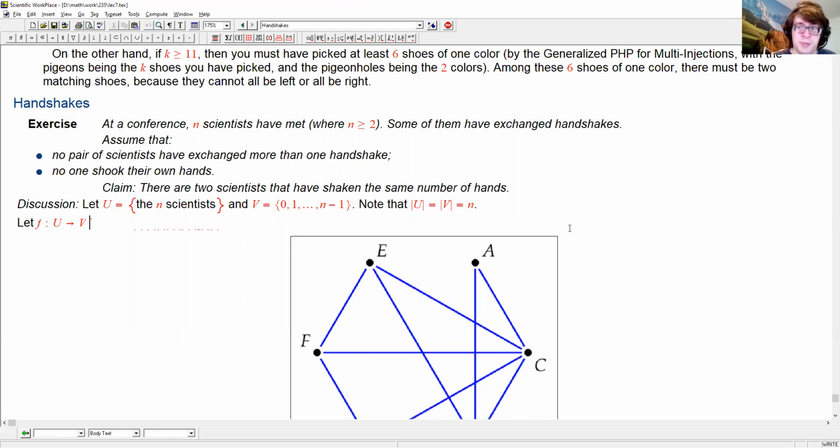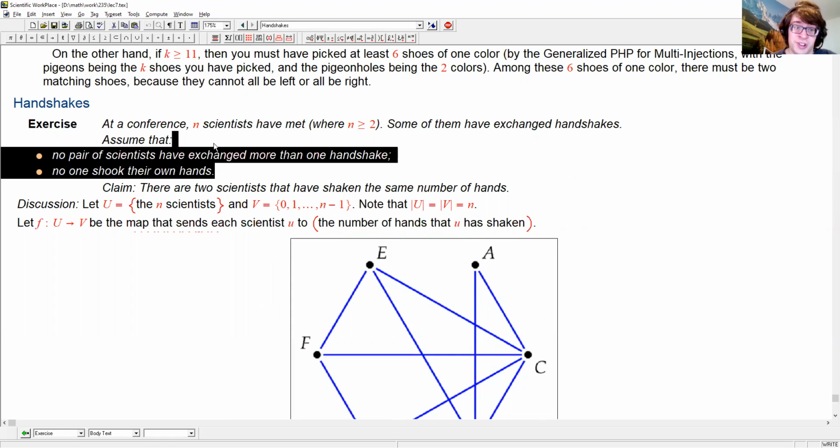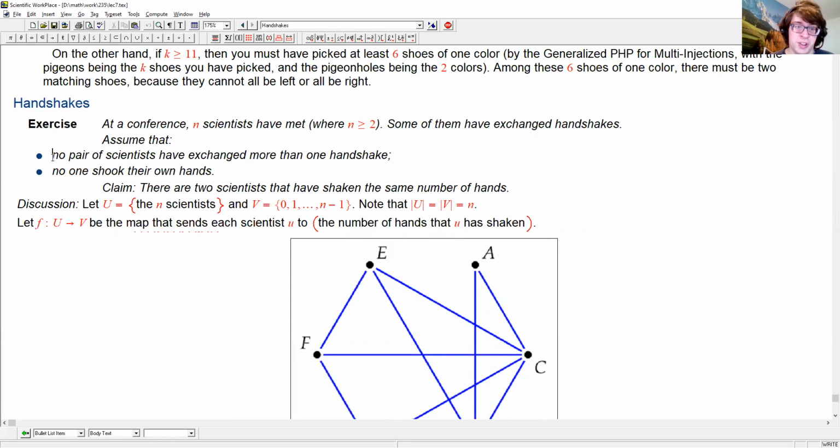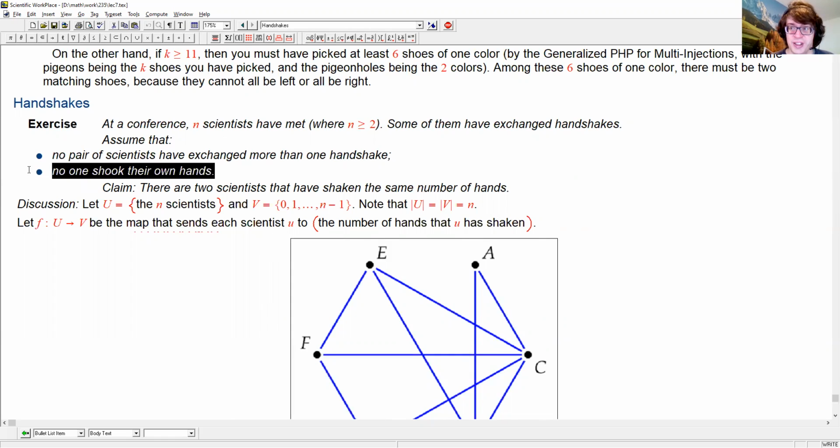Now I define a map F from U to V that sends each scientist, let me call the scientist u, to the number of hands that u has shaken. I claim this is well defined because, of course, u has shaken at least 0 hands, and at most n-1 due to these 2 assumptions. This ensures that he has shaken at most 1 hand with anyone else, and this ensures that it's n-1, not n, because u itself is not an option.